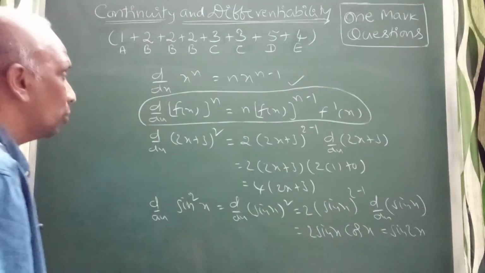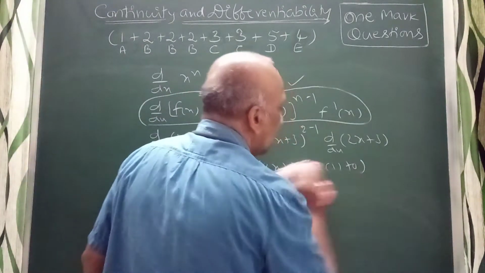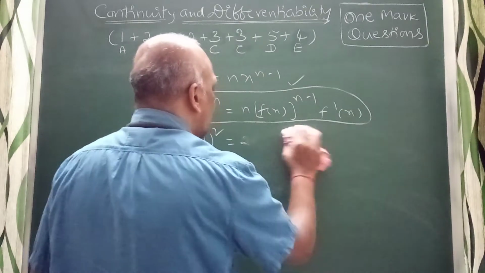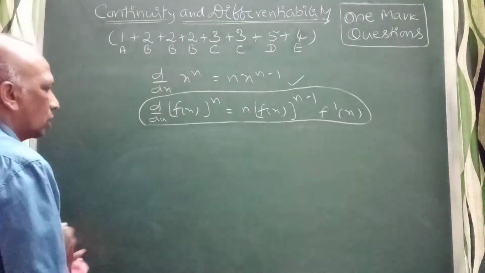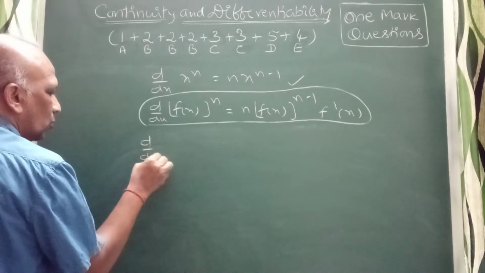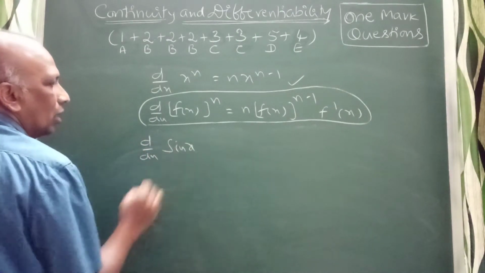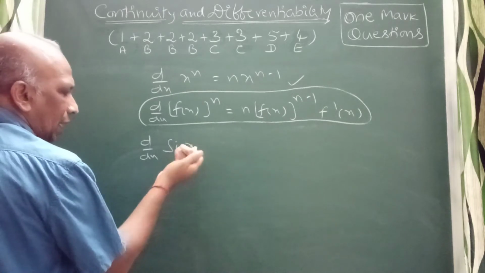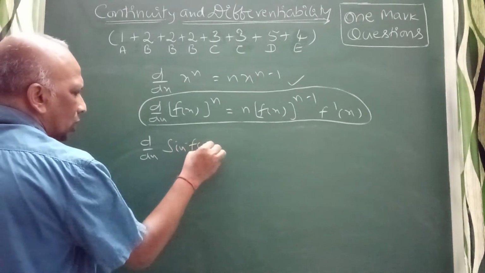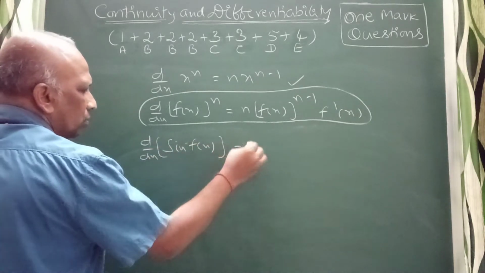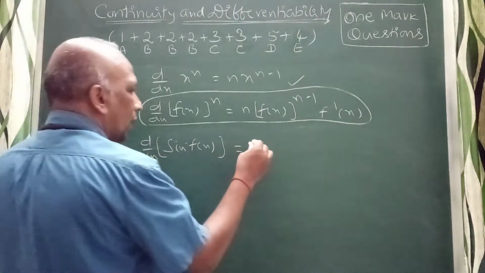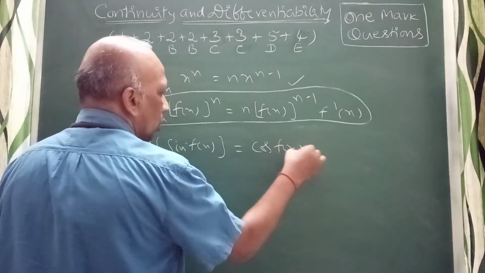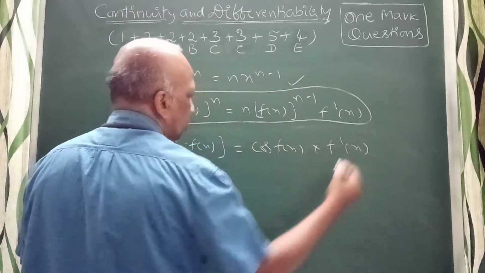Now at the same time, you can also think about this one. For example, you want d by dx of sin of something, sin of x. If it is like this, sin of something, the derivative of sin x we know is cos x. So you write cos of f of x into f dash of x.